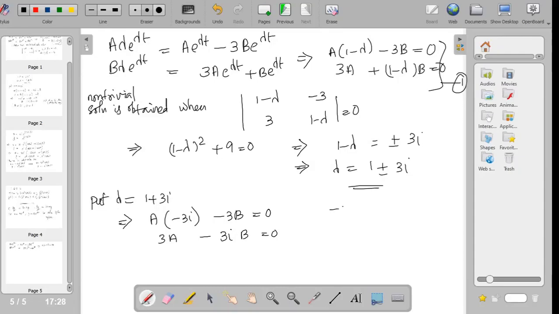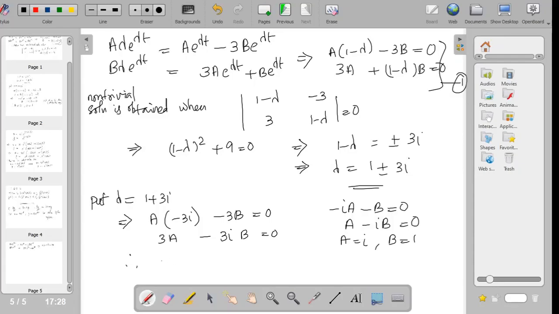So that is minus ia minus b equal to 0, then a minus ib equal to 0. So if you put a equal to i and b equal to 1, it will satisfy both the equations, and the second equation is satisfied.